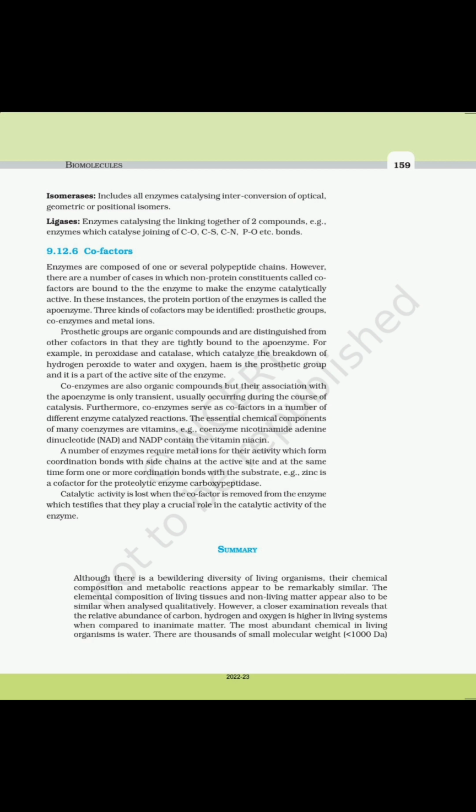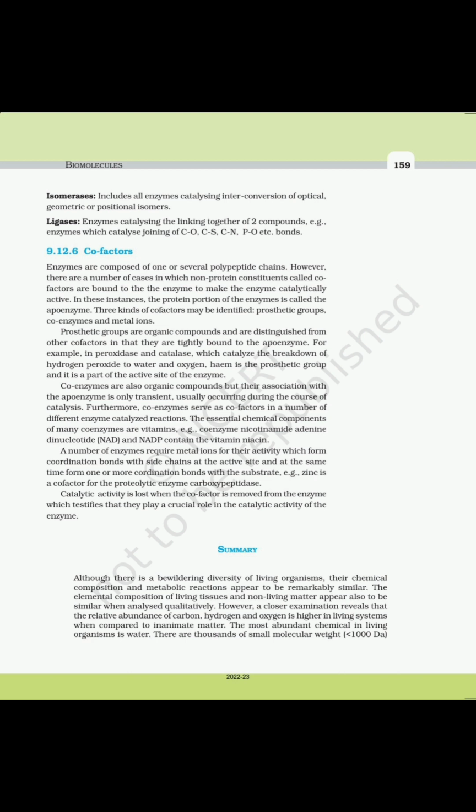Summary: Although there is a bewildering diversity of living organisms, their chemical composition and metabolic reactions appear to be remarkably similar. The elemental composition of living tissues and non-living matter appears also to be similar when analyzed qualitatively. However, a closer examination reveals that the relative abundance of carbon, hydrogen and oxygen is higher in living systems when compared to inanimate matter.